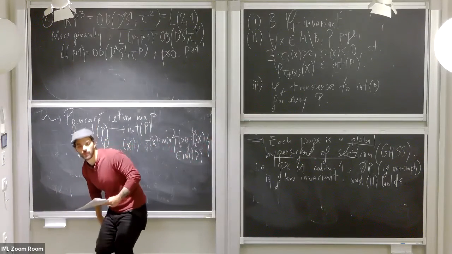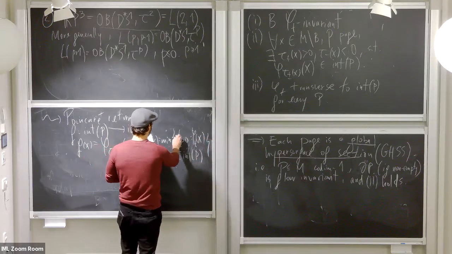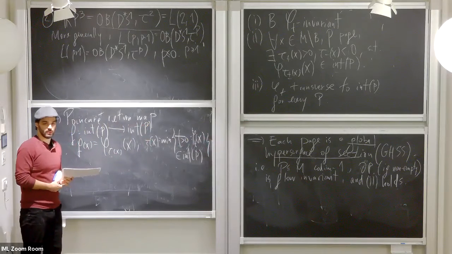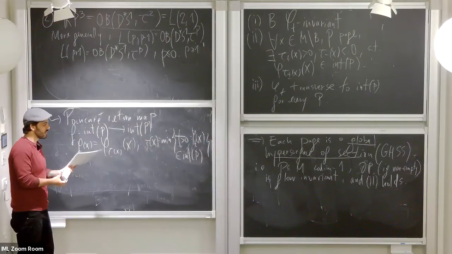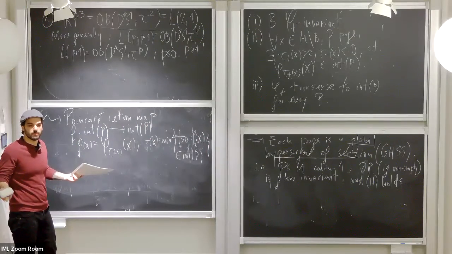The minimum is over t, positive t such that phi t of x is again in the interior. So this is the Poincaré map that we've seen before, only in a high-dimensional setup.